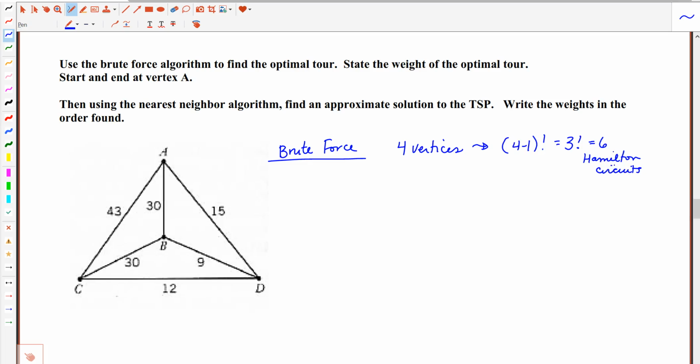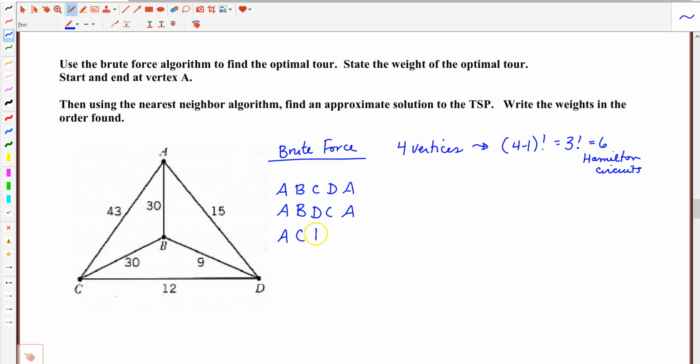So let's go ahead and list all of them. I could have A, then to B, then to C, then to D, back to A. Maybe I'll lock in these first 2 and I'll just flip-flop these 2. So that's all of them that start at A and then go to B. So how about A and then to C?